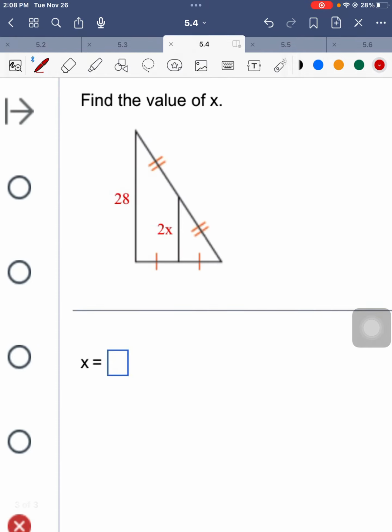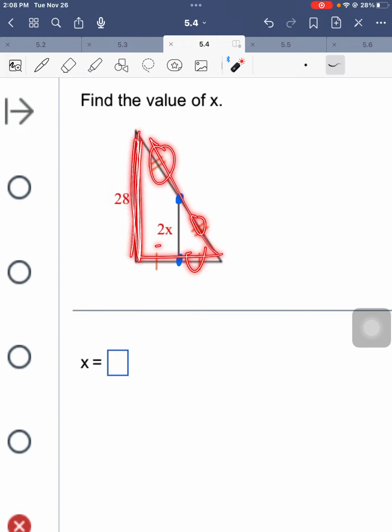Okay? The first thing we want to do is analyze this. I know that this is a midpoint and this is a midpoint. How do I know that? Because of the bisection. So now this is a segment whose endpoints are the midpoints of two sides of a triangle. So what do I know about this side of the triangle?